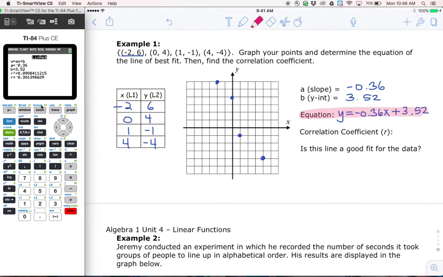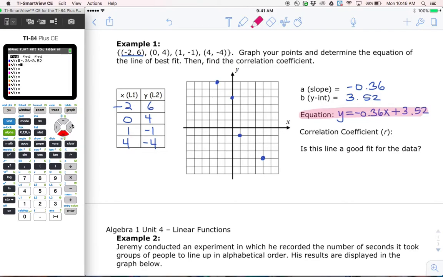Now you don't have to know how to do this, but let me show you something on my calculator. If you go to stat plot, let's go ahead and turn this on. Again, you don't have to know how to do this. And in y equals, I'm going to put in this equation I just got. So negative 0.36 plus 3.52. Take a look at my graph. Oops, I forgot x, didn't I?